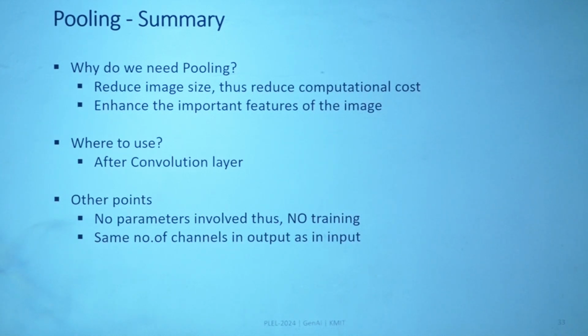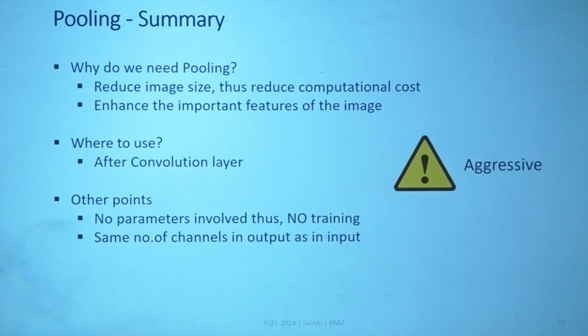And what are the important points here? I said filter size only, not the values. Meaning that there are no parameters and no training in the pooling layer. But there is a caution.